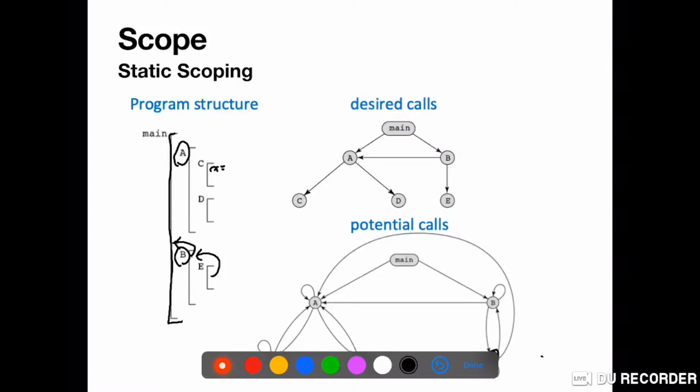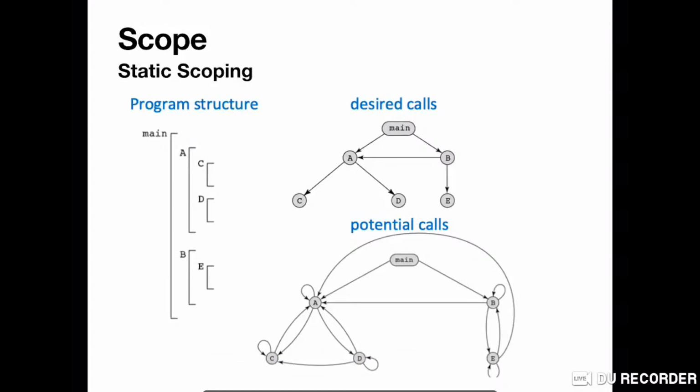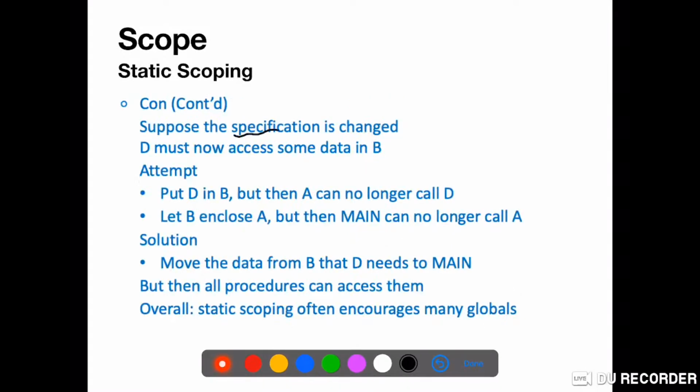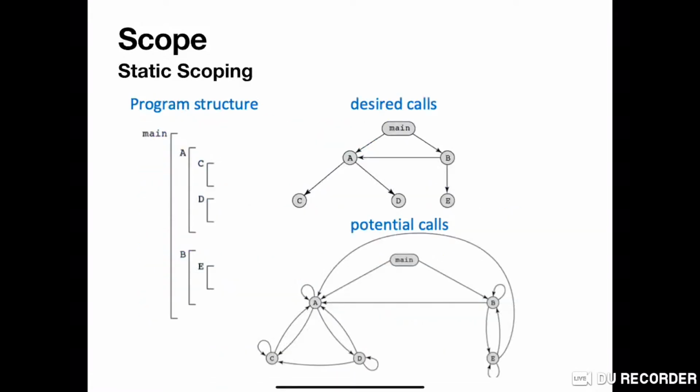But the reason why we want to draw this picture is because if our specification changes, which happens a lot if you work in a company, let's say now D must access some data in B. Let's go back to the previous slide.